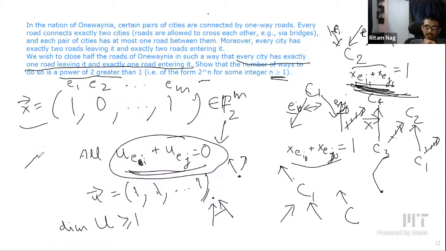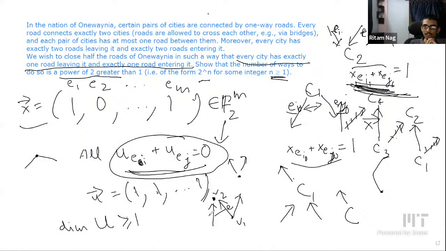It turns out that in this new graph, every vertex must have degree 2. Suppose you have this edge E from V1 to V2.